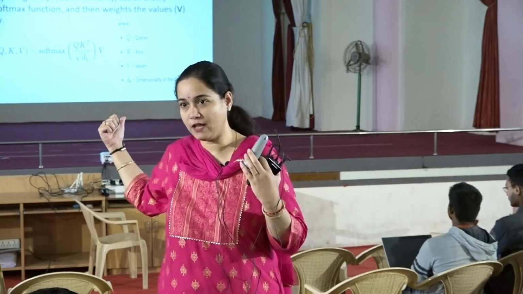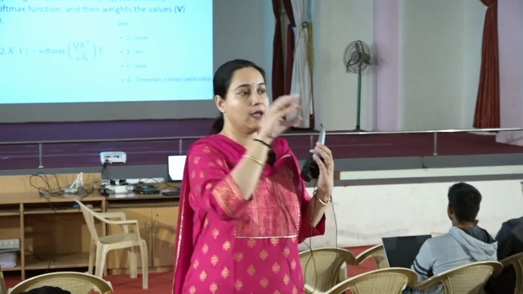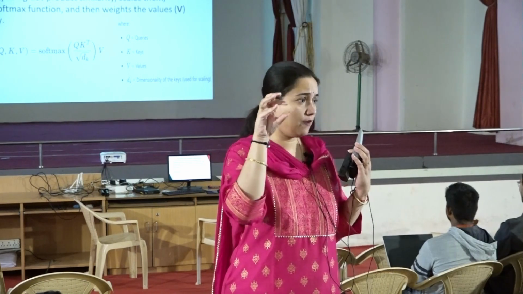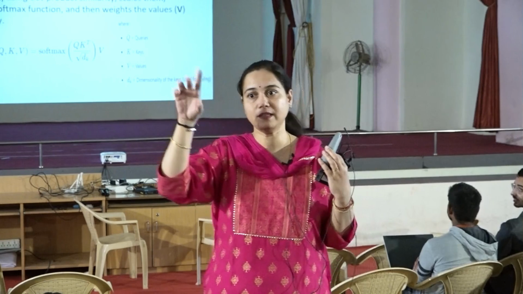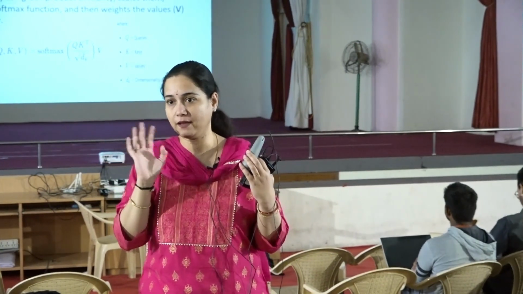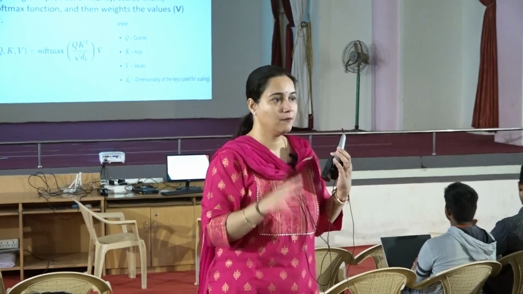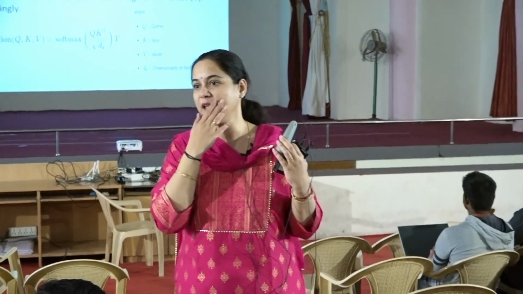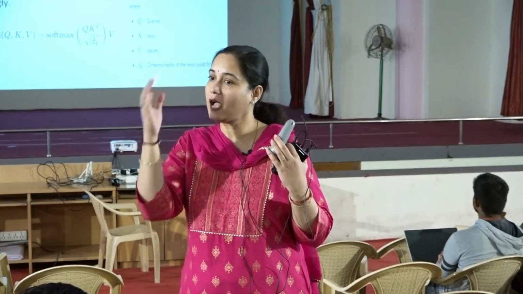This formula that I have just told. Key will be there. So, query dot product with key, or query multiplied with key transpose, divided by, I am scaling, dimension, square root of 4, let's say, because 4 words were there, no? So, dimension of my key was 4, square root of 4. I have got that.